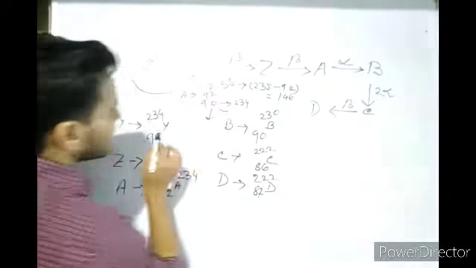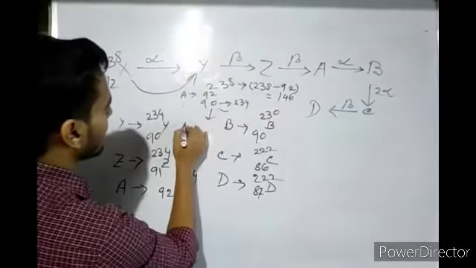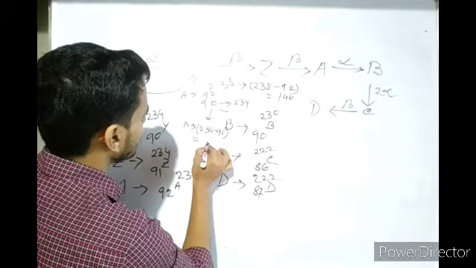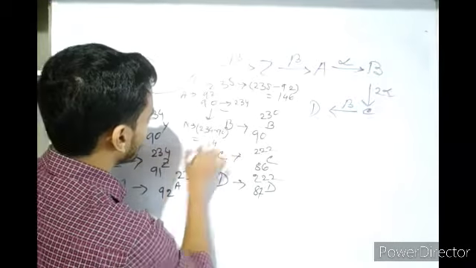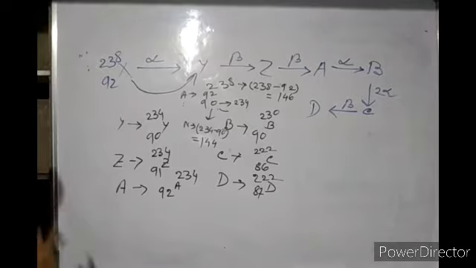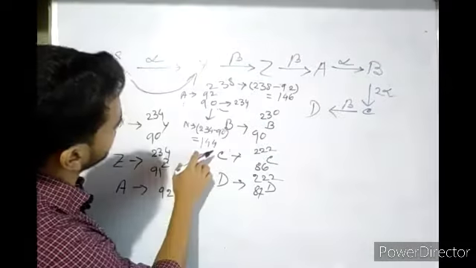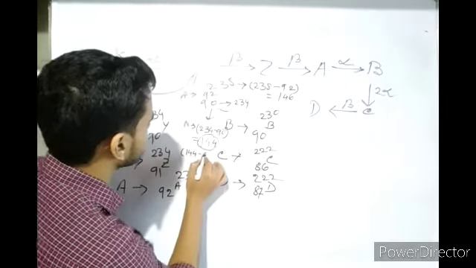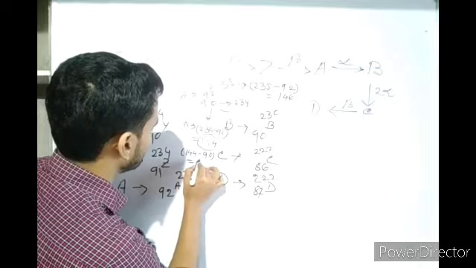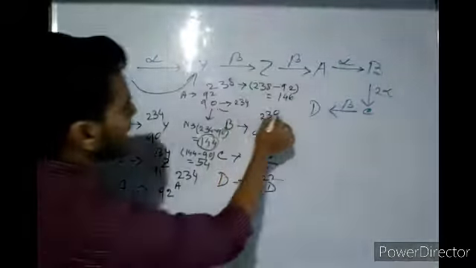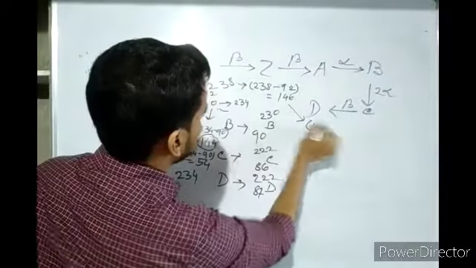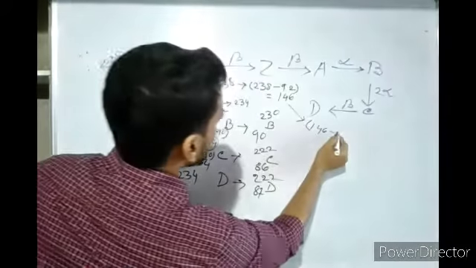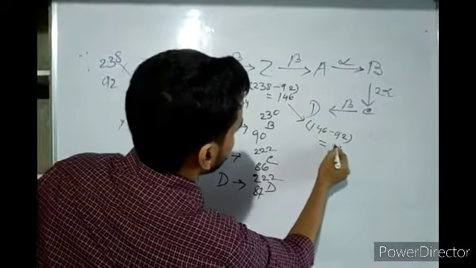Here neutron number is 234 minus 90 equal to 144. The difference of neutron and proton here is 144 minus 90, that means 54. Here the difference of neutron and proton is 146 minus 92 equal to 54.